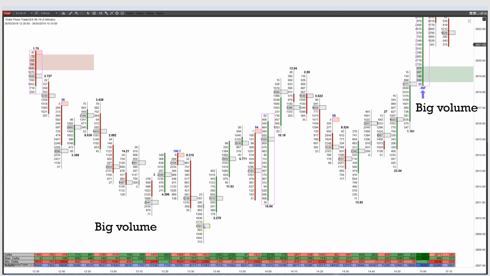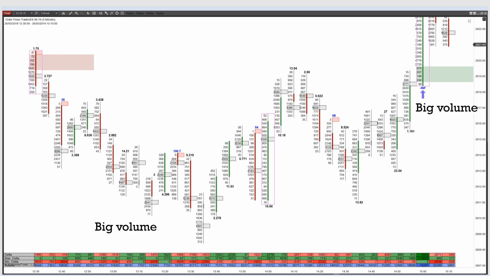Look at this, 4,000. Where else do you see 4,000 in any of these bars? You don't see it at all. 2,800, 3,600, 2,900, 2,600, 2,400, 2,100, 4,000. Right below a 2,700. And you got a couple 1,200, 1,600.